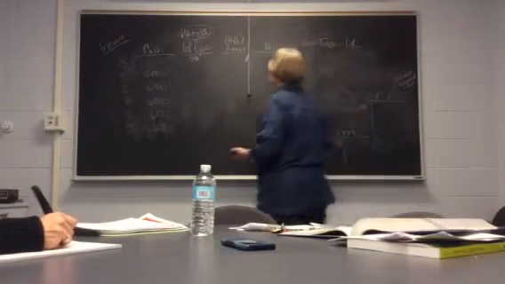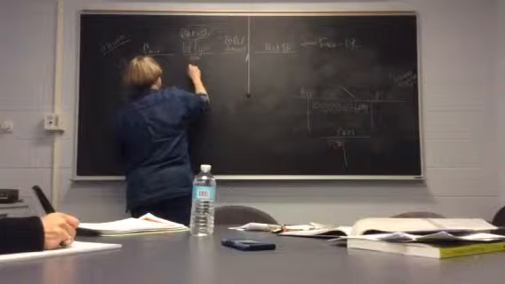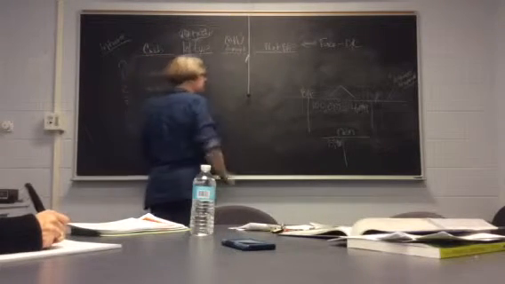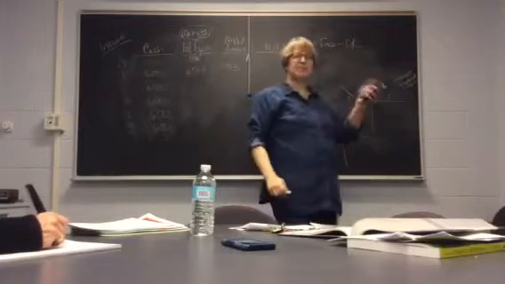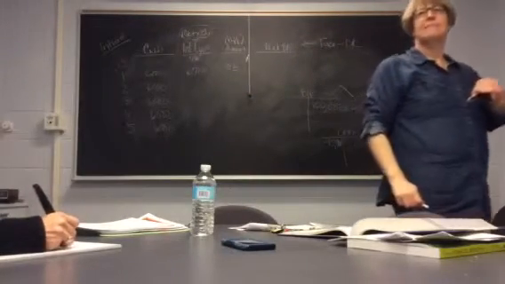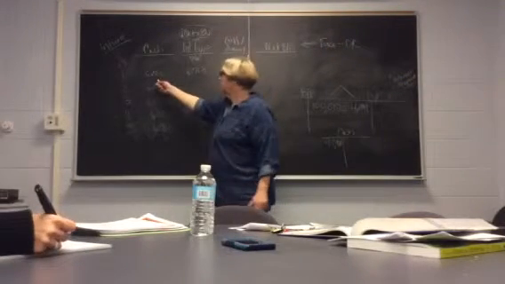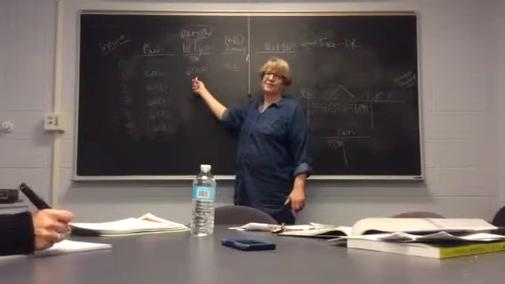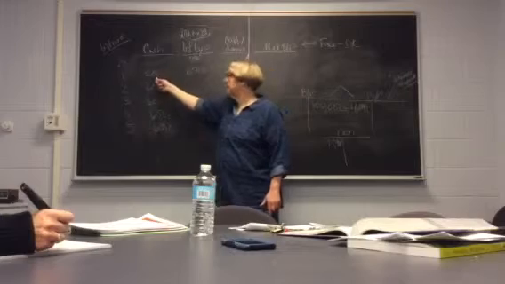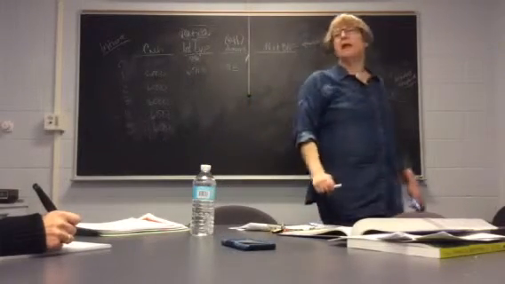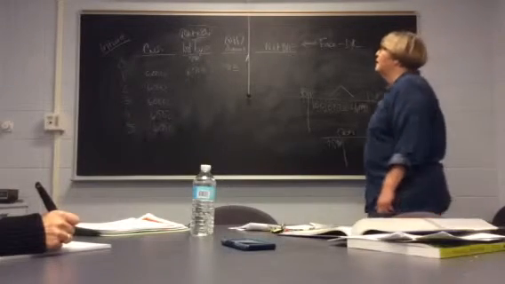I get 6,713.07, which means there's a $713 difference. That must be the difference between the 6% rate and the 7% rate. Because this is my 6% rate, this is my 7% rate. So the difference between the stated and the market is worth $713 extra interest.